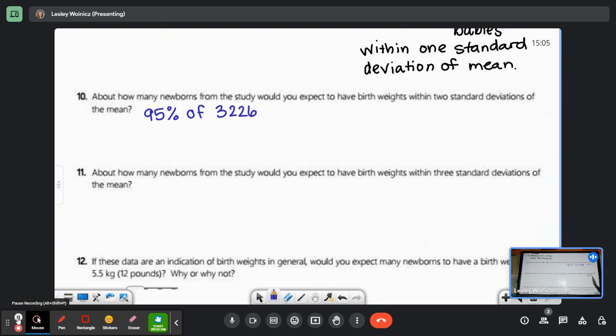I have to convert my percent into a decimal, 0.95, and multiply that with the total number of babies.